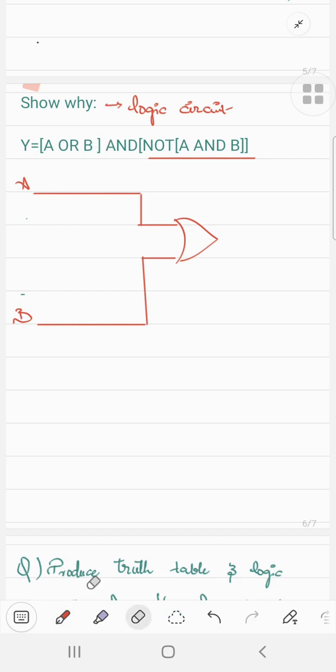The next bracket, now as we all know, this AND is the final output, that is why we are not going to look at it until we have drawn the entire circuit.